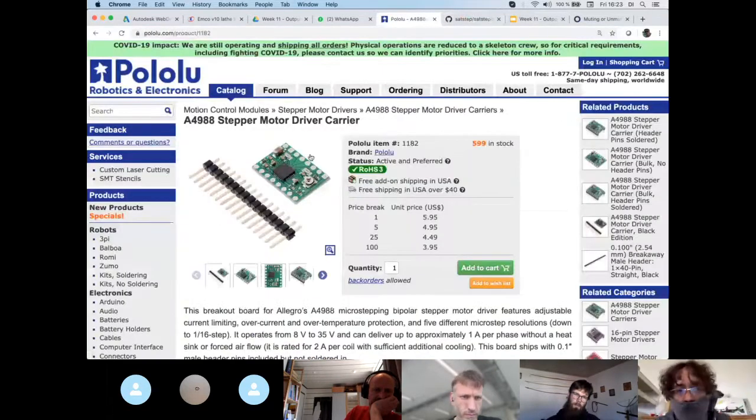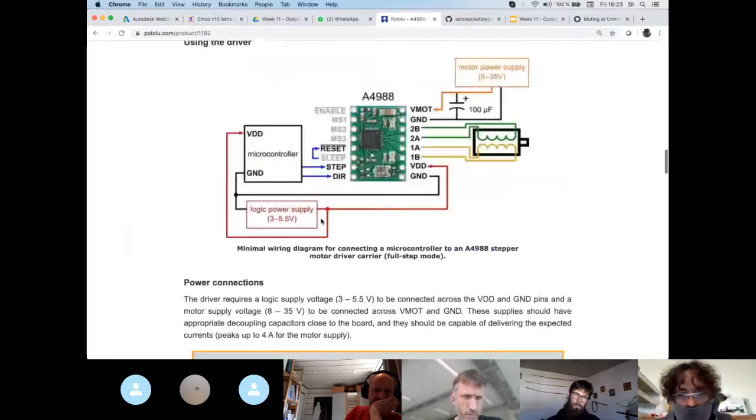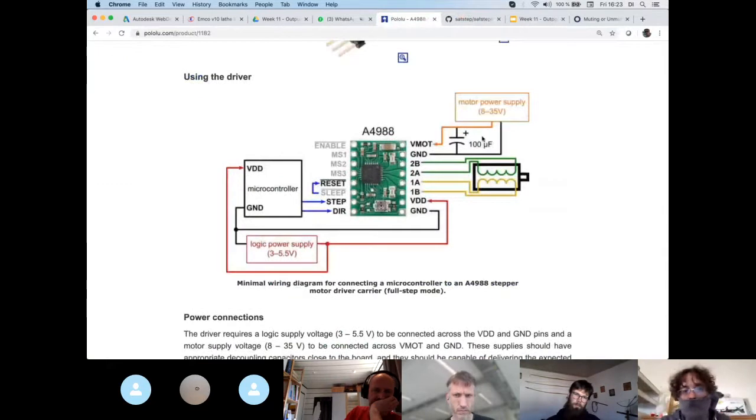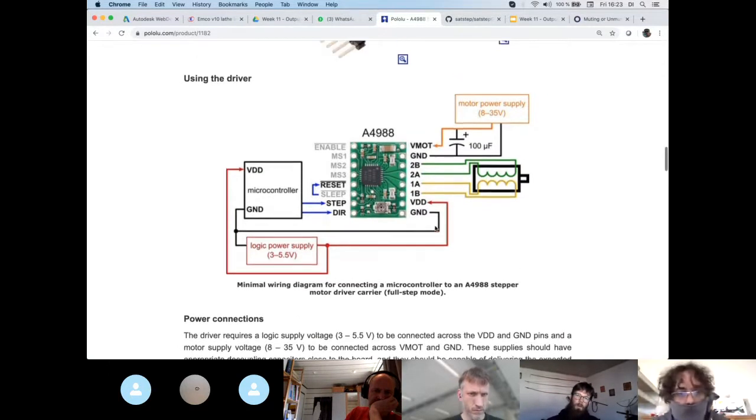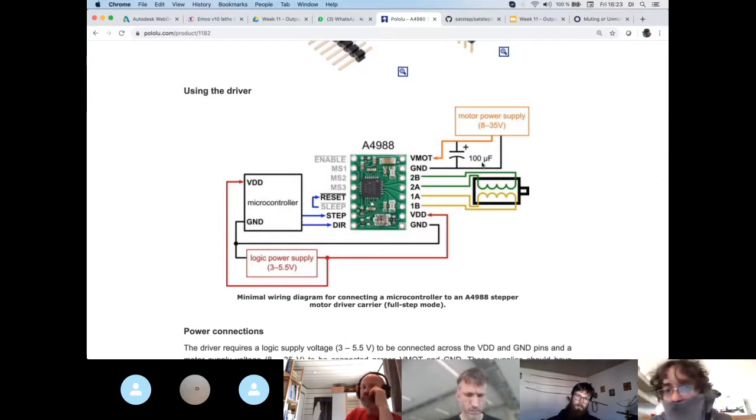This is the small one that we were looking at before. If you look down in the specifications, maybe it's much clearer. Sometimes you also have additional features, for example, sleep or reset. You can reset the stepper driver, or put it to sleep to save energy, and so on. Here it says you need a 100 microfarad capacitor for the boost.